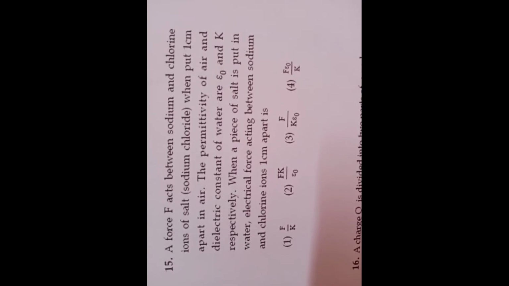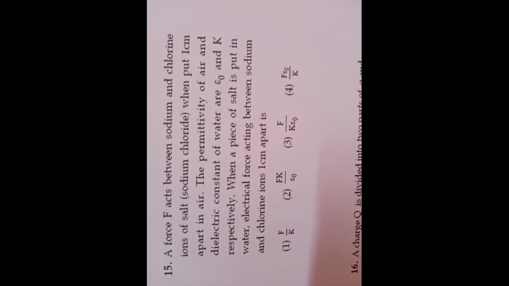Next, after finishing this, see question number 15. A force F acts between sodium and chloride ions in the salt, sodium chloride, when put 1 centimeter apart in the air. The permittivity of air and dielectric constant of water are epsilon naught and k respectively.